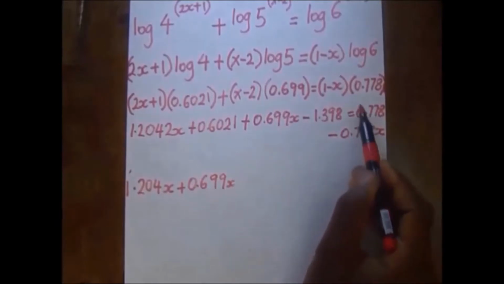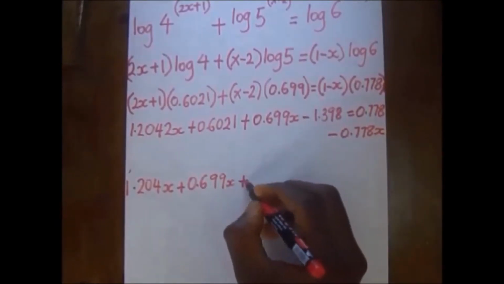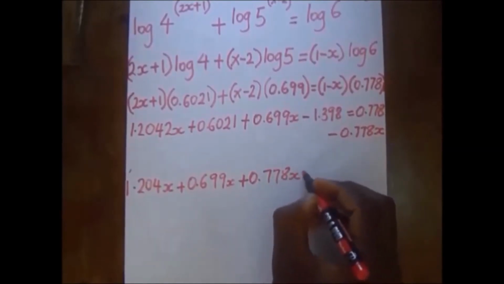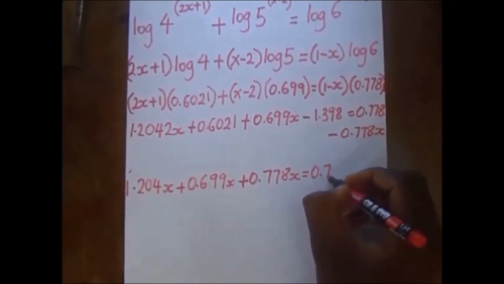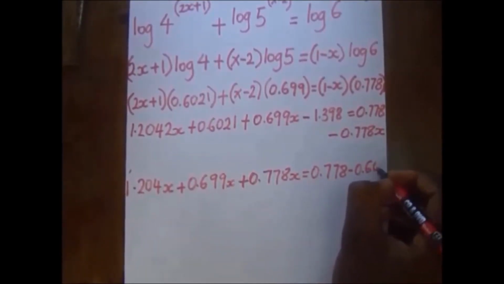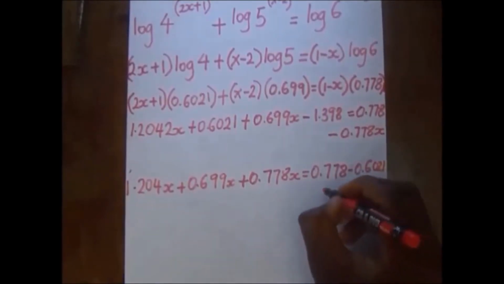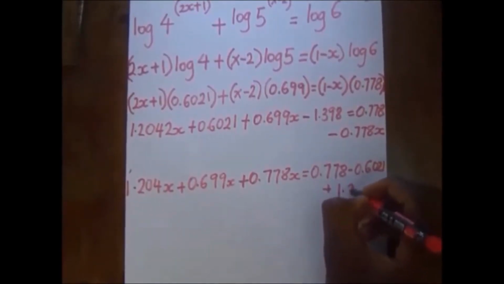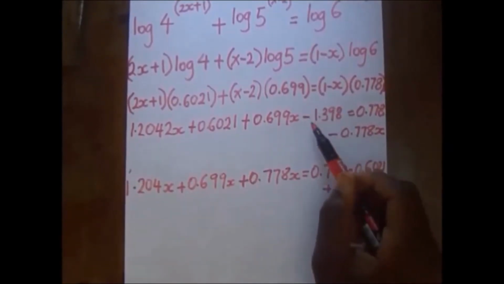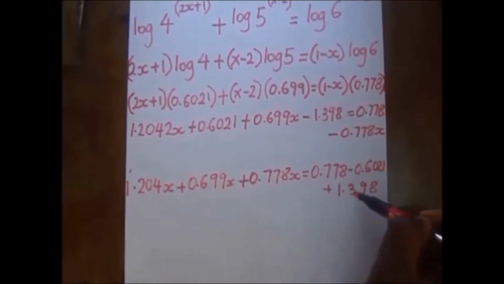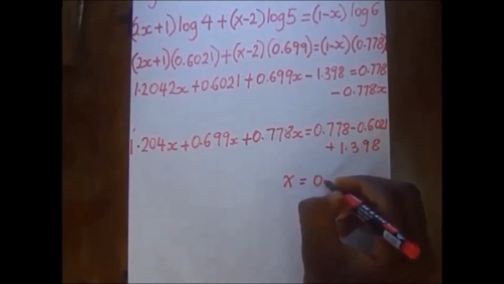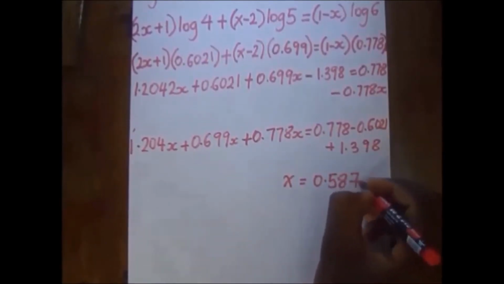Then we have this x also coming this side of the equation, which is going to become plus 0.778x, giving us 0.778 minus 0.6021 plus 1.398. This 1.398 crosses the equal sign, it becomes a positive here. So the value of x we get here is going to become 0.587.